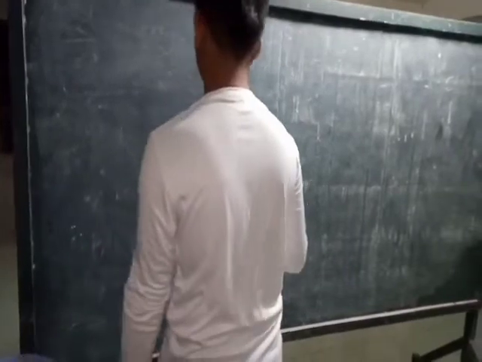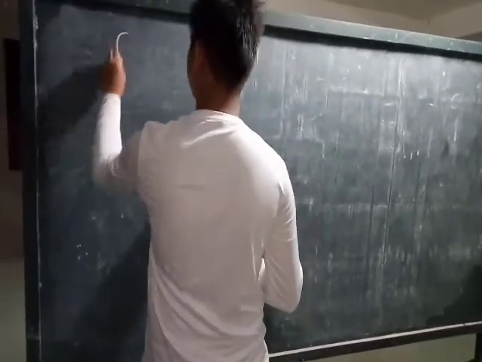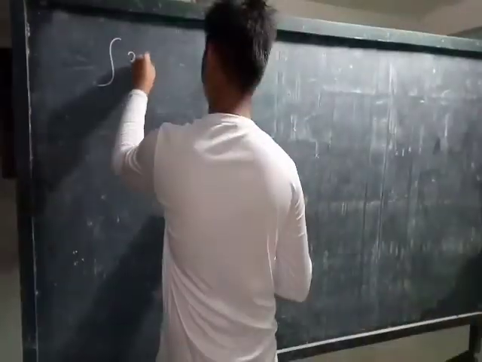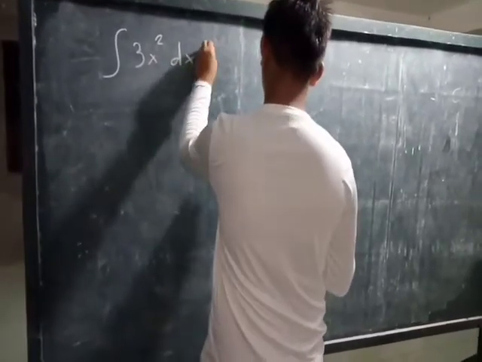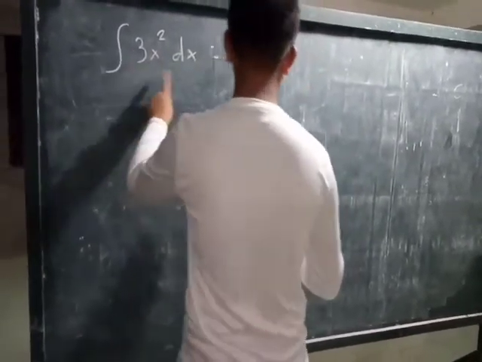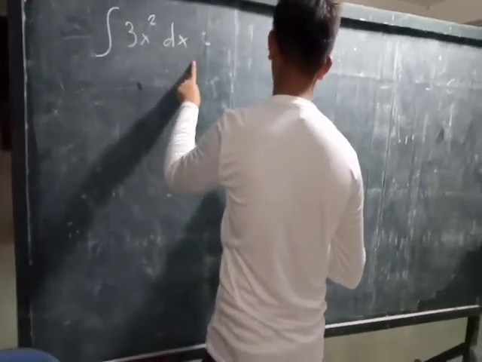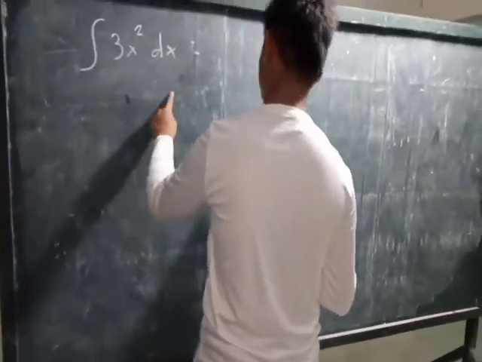Now let's say we wish to find the integral of 3x squared dx. What we need to do in this case is add 1 to the exponent and then divide by the new exponent.